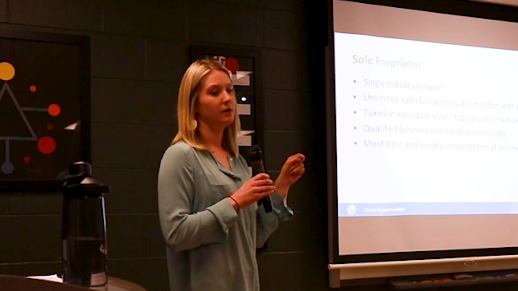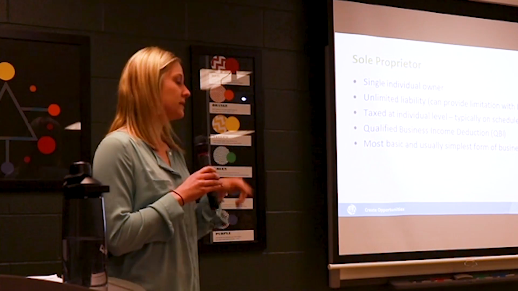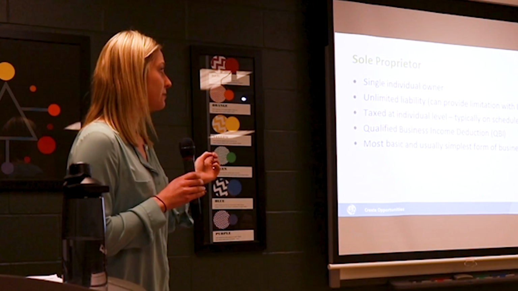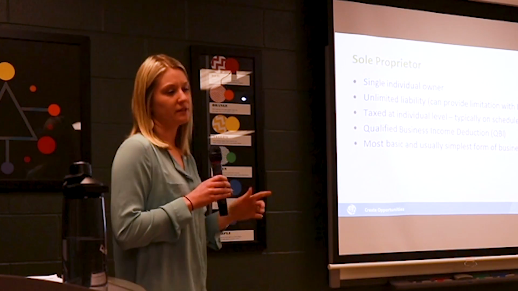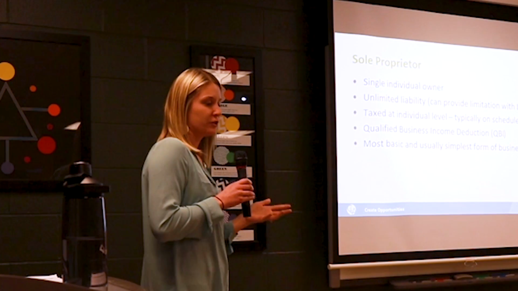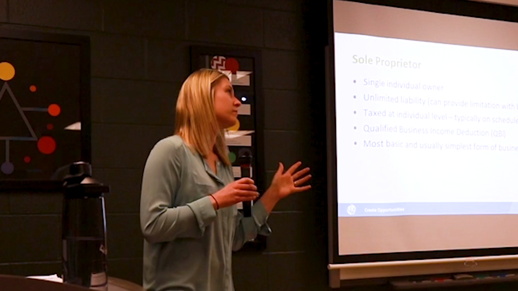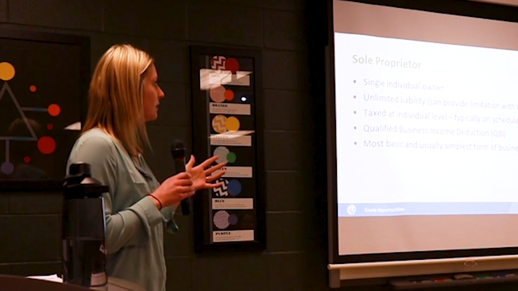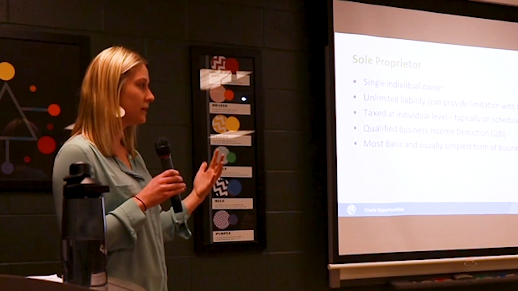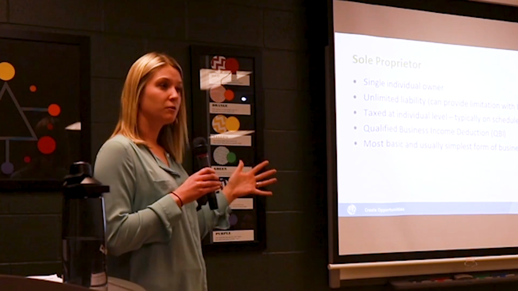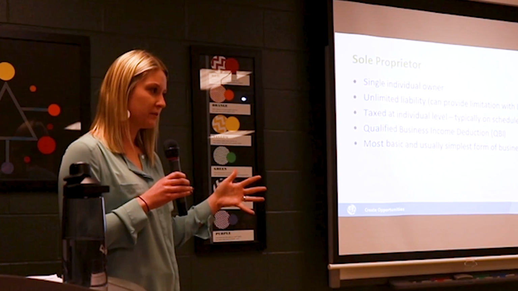You are allowed to take a qualified business income deduction, which is something new with the tax reform in 2018. And basically what it allows you to do is take a deduction of up to 20% of your qualified business income. And the reason that the IRS put this into play is because during the tax reform they lowered the C corporation tax rate to 21%.